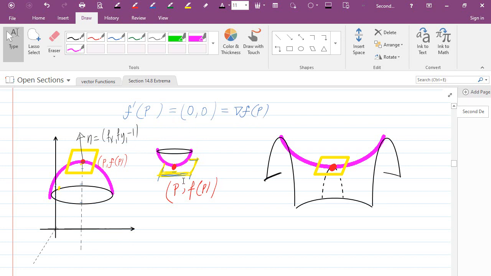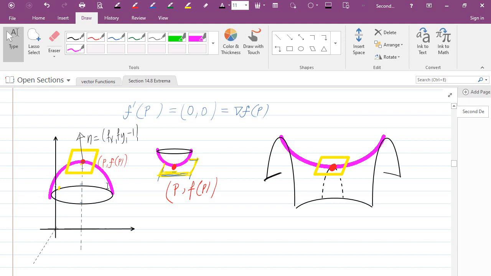Now, in each of these three pictures, you can see that the tangent plane is horizontal at the point P, f of P. One of these three cases can occur. In the first case, we have a critical point at P where the gradient vanishes and the tangent plane is horizontal, and at that point we have a local max.